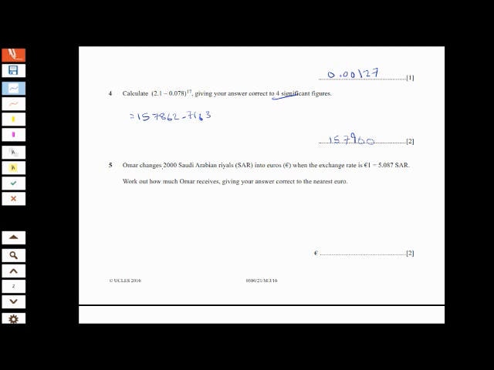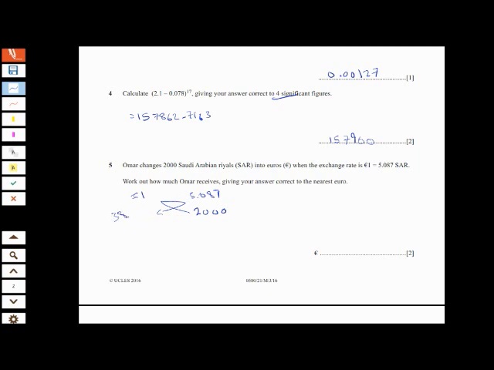Write down the exchange rate, 1 euro to 5.087 riyals, and then write 2,000 under the riyals section, and cross multiply to find the euro. So 2,000 times 1 divided by 5.087.